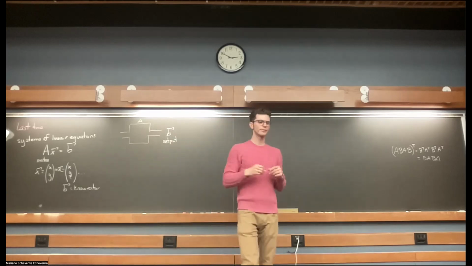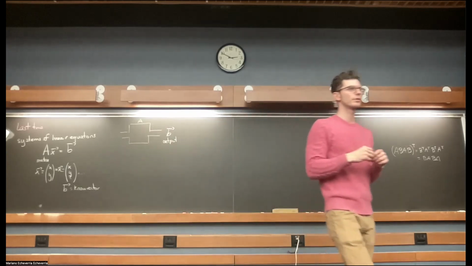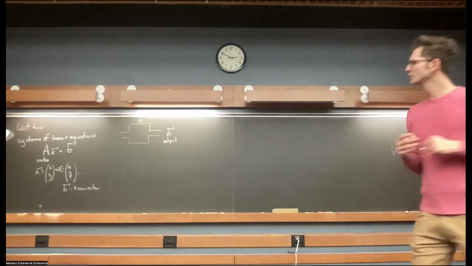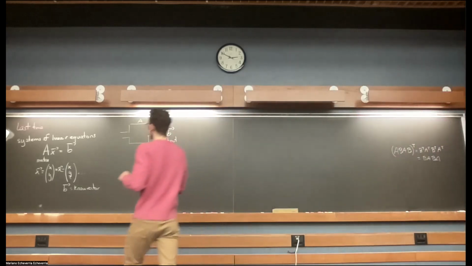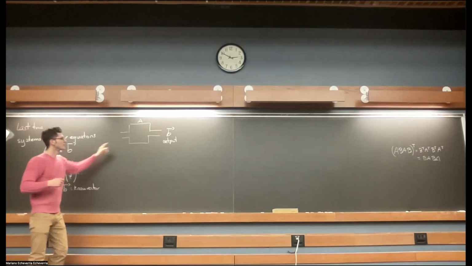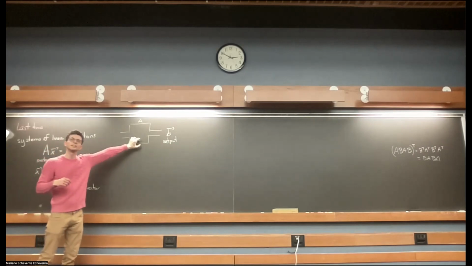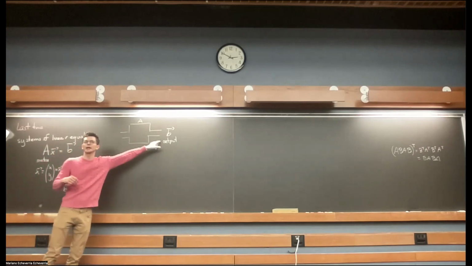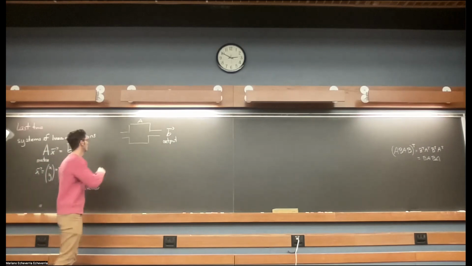So when you're trying to solve a system of equations, which is what we're going to do today, essentially what you're trying to find is, can you find a vector X that you can feed into the machine that will spit out B as the output, right?